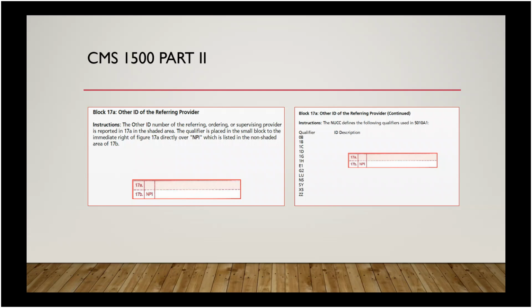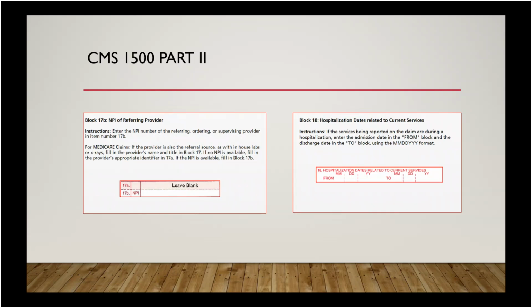The NUCC defines the following qualifiers used by the electronic format. We have all of those qualifiers, and that's what's going to go into the small block on 17A. In 17B, the National Provider Identifier of the referring provider is going to go there. For Medicare claims, the provider is also the referral source.